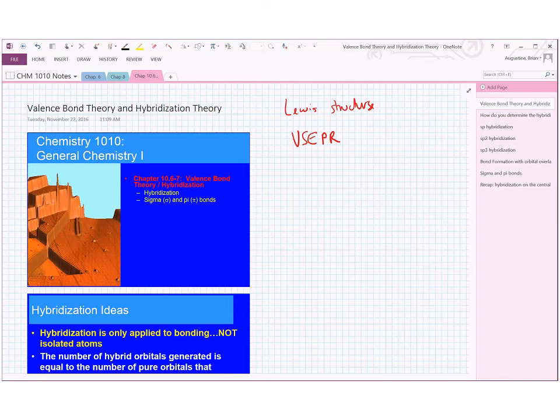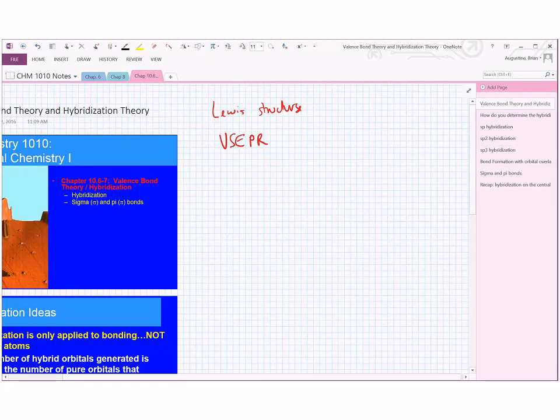So if we want to understand chemical bonding, we can start with a very simple model like a Lewis structure. A Lewis structure tells us, hey, if I have this molecule right here, I have 2 hydrogens and 1 carbon attached to a central atom, and there's double bonds to the oxygen, there's single bonds to the hydrogen, there's lone pairs on the oxygen.